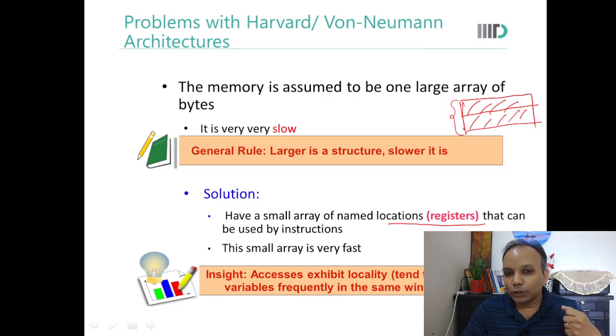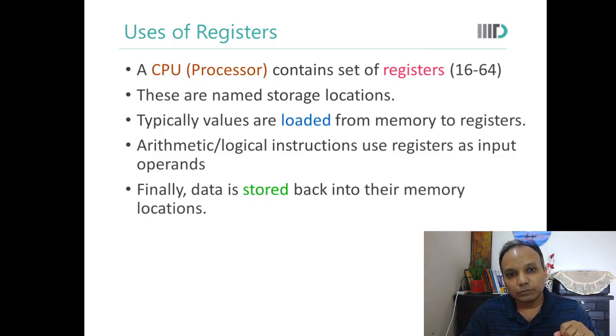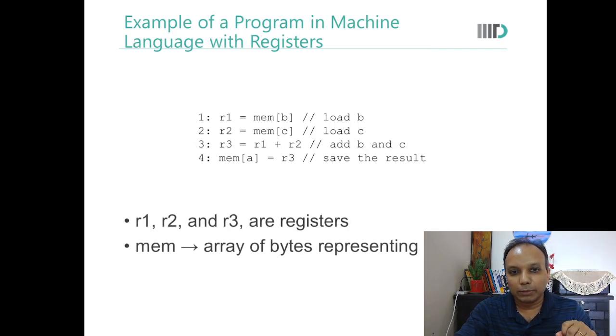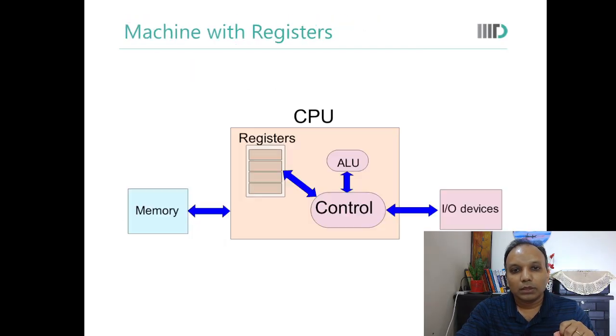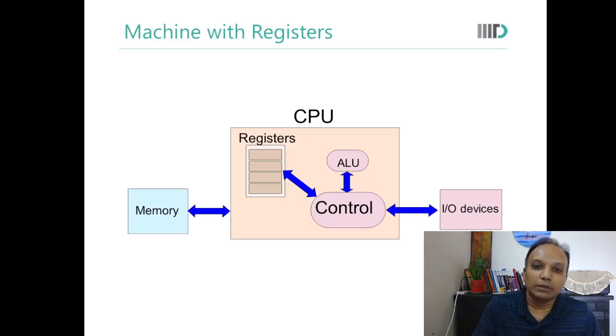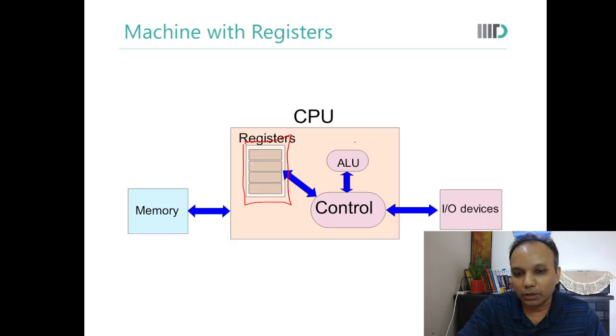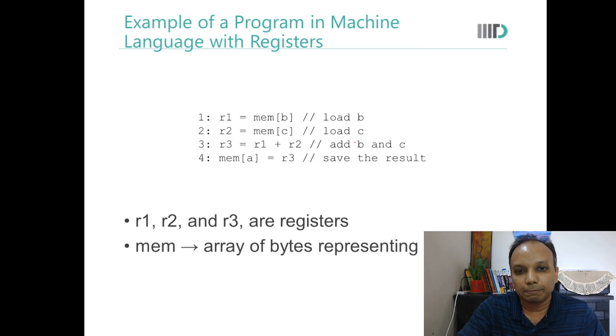Because if we add this modification, then our processor, okay, let me come back to this. Then our processor CPU architecture looks like this. So, inside the CPU you now have a bank of registers also, where you can store your operands for easily accessing them for your operations, and that increases the speed of your processor significantly.